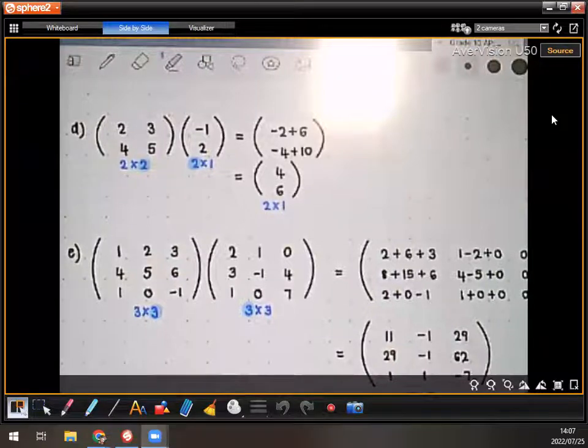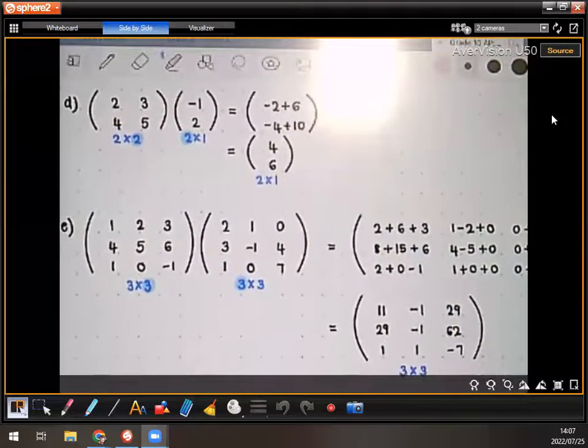The second row, first column. I went 20 for E. That's 29.